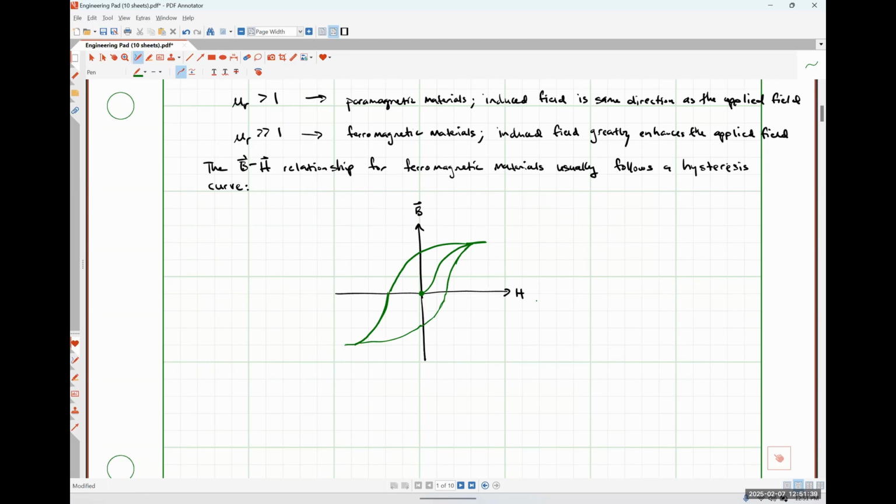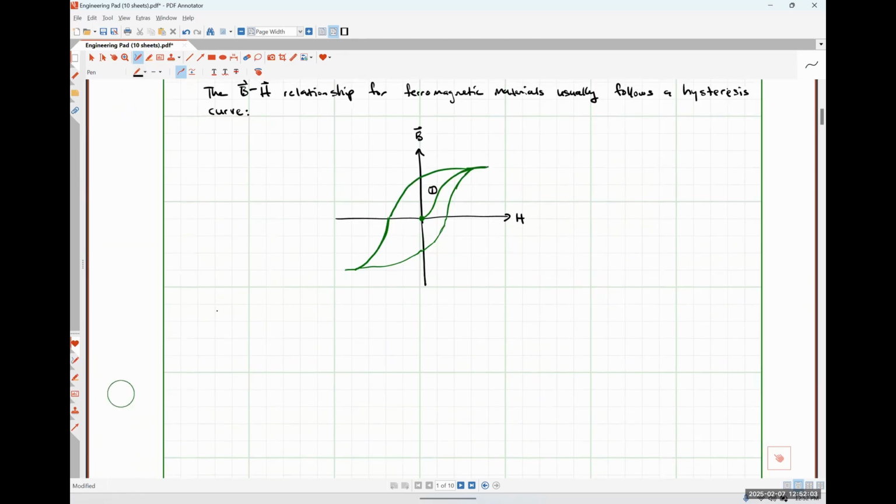So as we crank up the current, we are applying more and more H field to this medium. And so we have this nonlinear path from this point here all the way up to this point over here. Okay. So the section of this curve, which I'm going to label 1, is what we're going to call the initial magnetization curve.